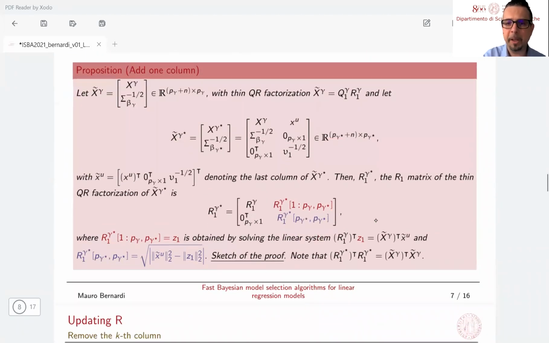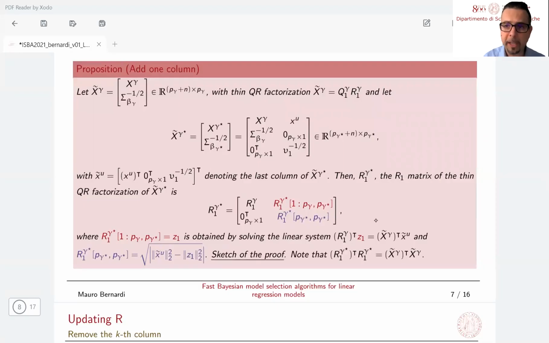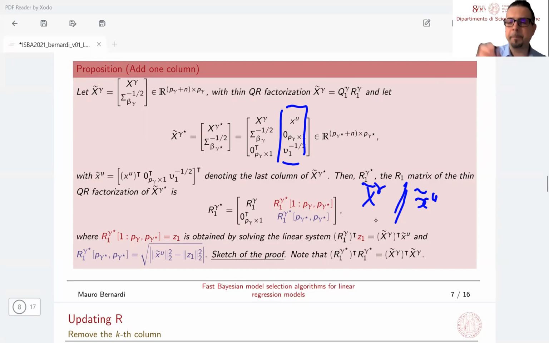In particular, that column can be calculated by regressing the new XU tilde column, the one that we add at the end of our augmented design matrix, against the space spanned by the previous design matrix. So by running that regression, we end up with the column we need to update the R matrix.